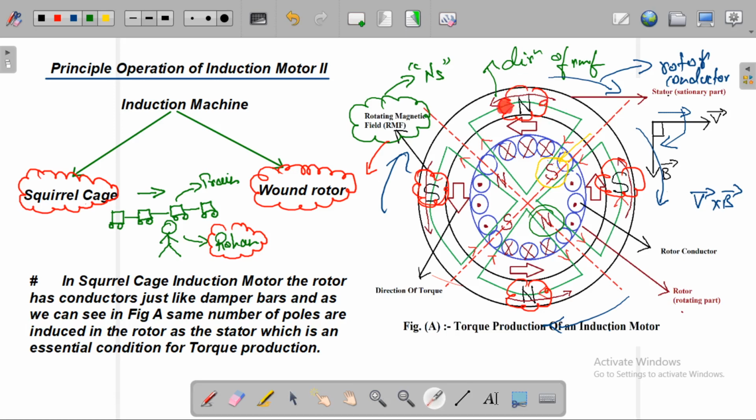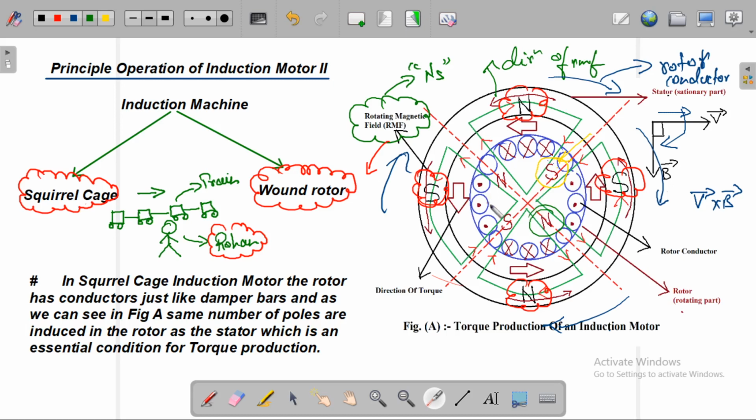Again this north pole and this north pole repel each other, and these north pole and south pole, opposite poles, attract each other. So this is the way torque is produced in an induction motor.